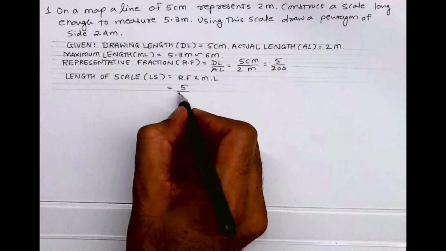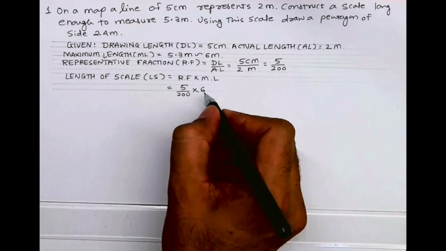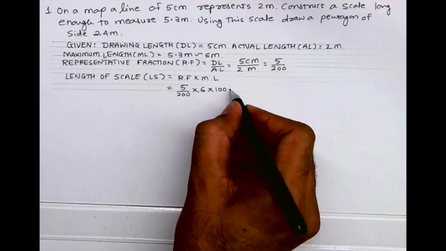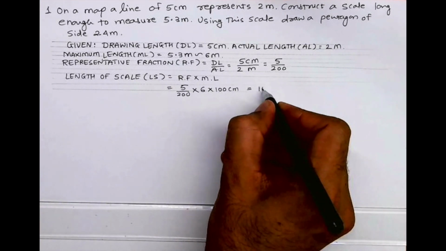RF is 5 upon 200 into maximum length, which is 6 meter, so 6 into 100. So it will be 15 centimeter.